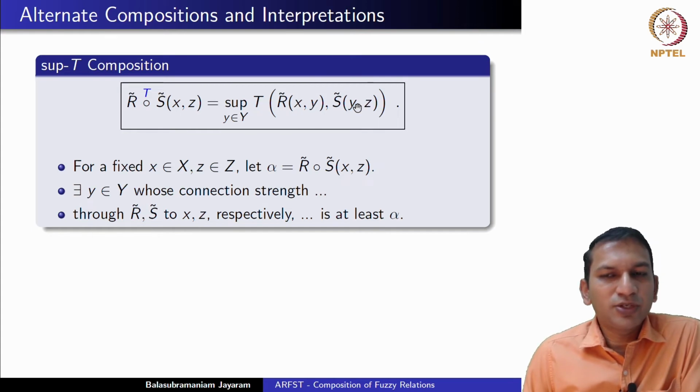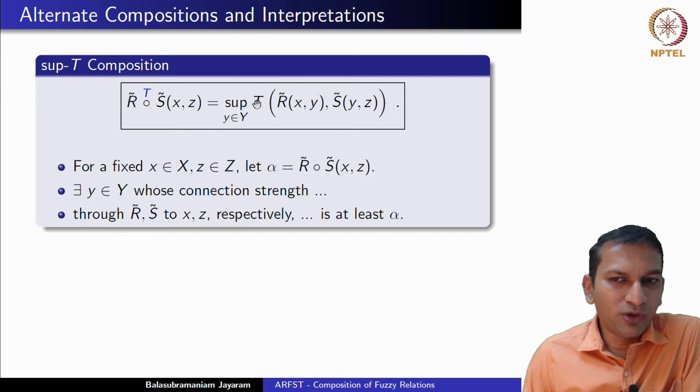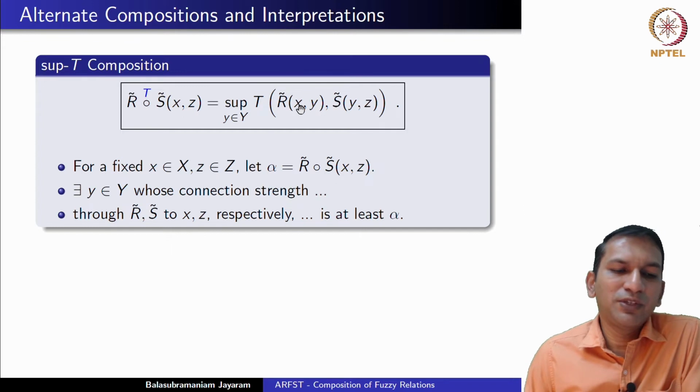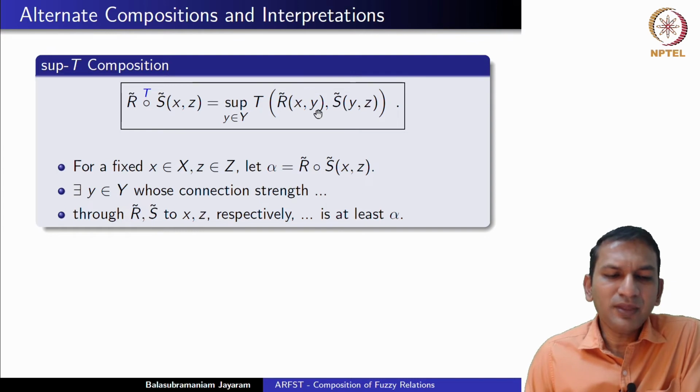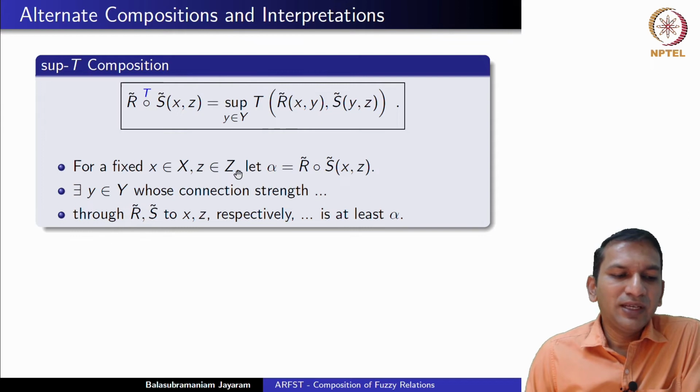So what would come out is the smaller among the two, in the best case, that is when T is min. Otherwise typically we know that a T norm is smaller than min. For example, if you take product, then it will be a product of these two, and these are numbers coming from 0 1, which means it will be smaller than either R of xy or S of yz. So essentially we are saying that if you use min, then there exists some y whose connection strength is at least alpha to both x and z.